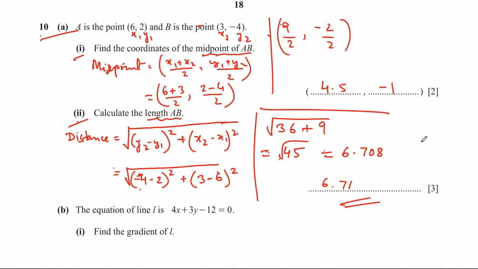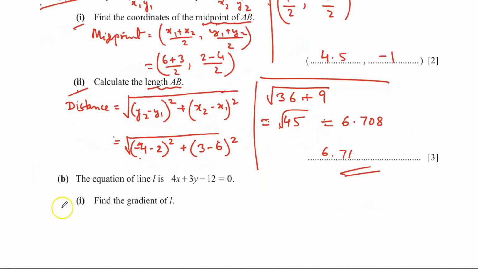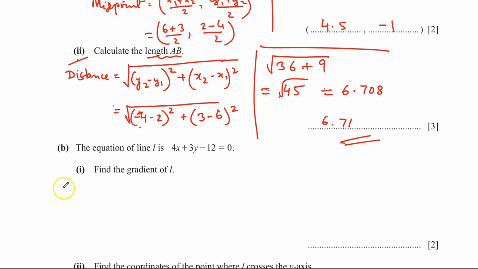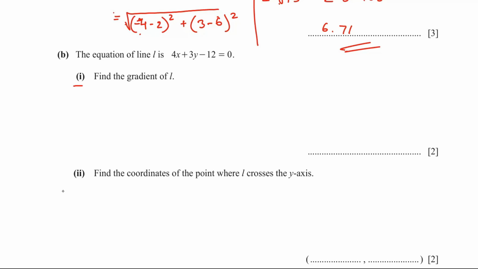Alright, let's go to part B. The equation of line L is 4x plus 3y minus 12 equal to 0. Number 1, find the gradient of L. The general form of the equation is y equal to mx plus c, and here we need to rearrange this to make it in this form.